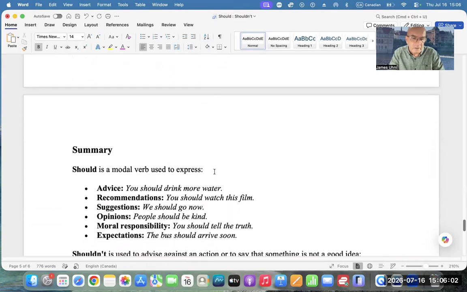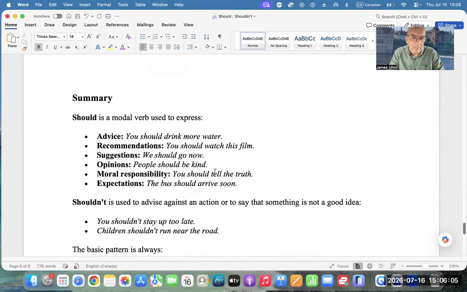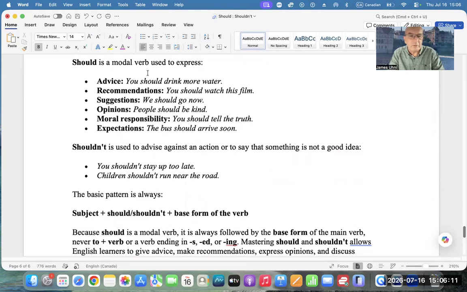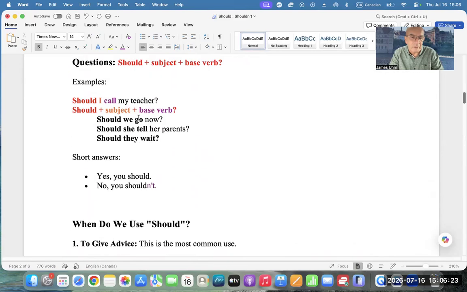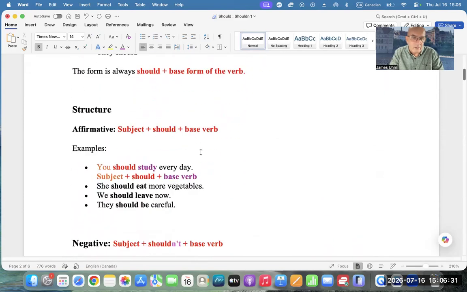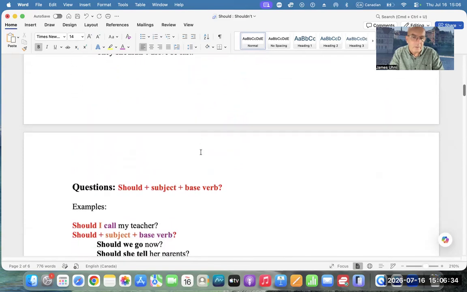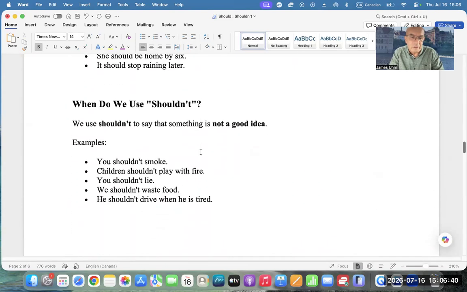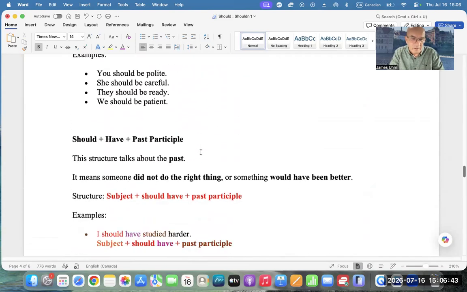The summary is as explained over here. Should is a modal verb used to express advice, recommendations, suggestions, opinions, moral responsibility, expectations. I think I have that right here at the beginning. No, here it is actually explained separately in each subject.